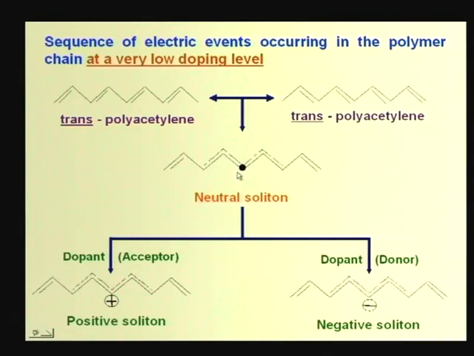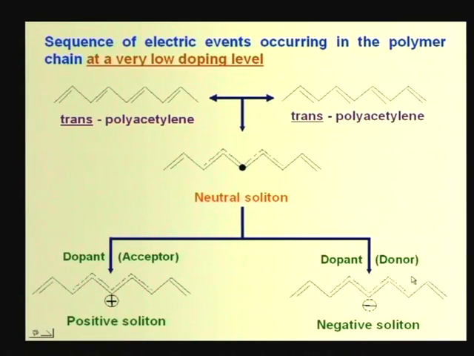This is called neutral soliton. Charge defect with no spin is neutral soliton. Then donor, acceptor. If this acceptor takes some quantum of electron from the polymer, some positive center will be created.